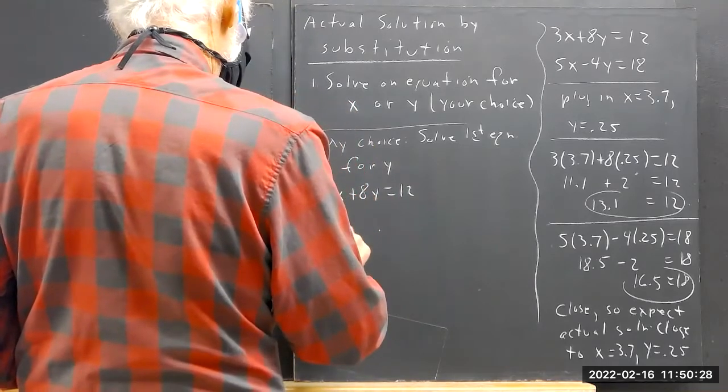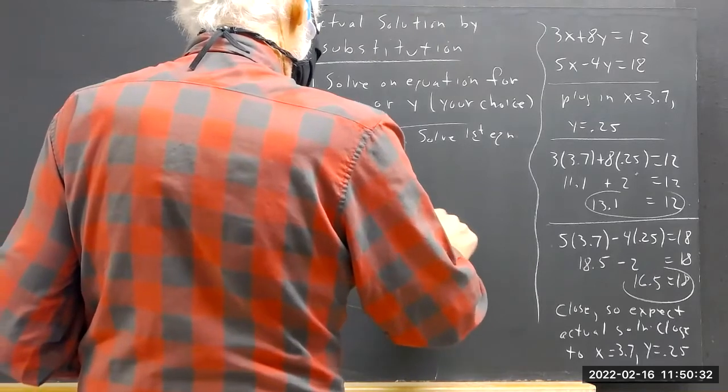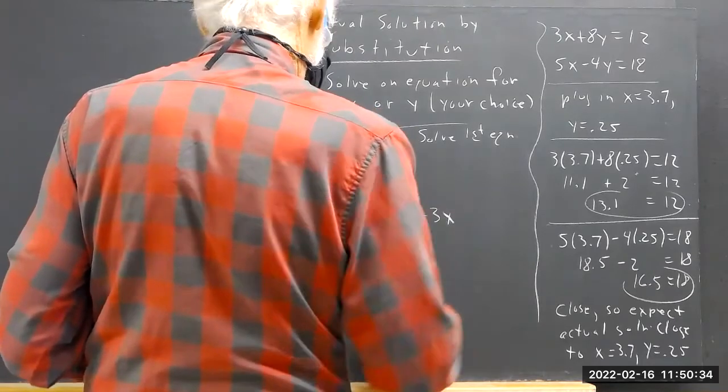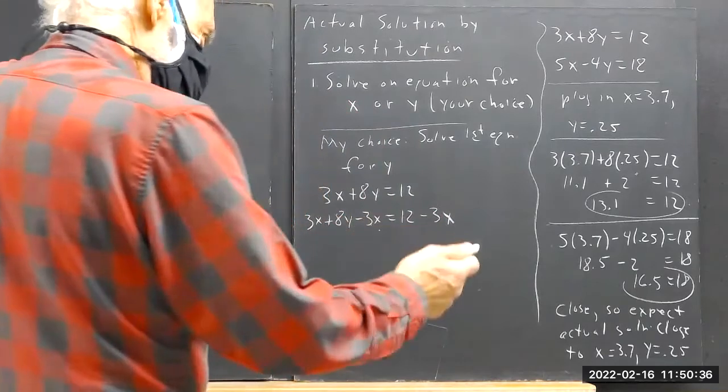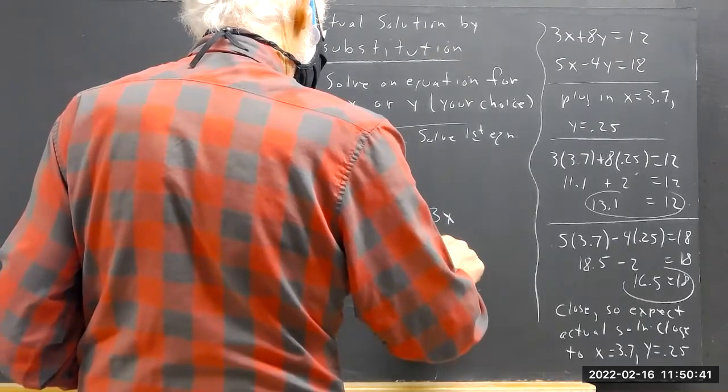We get 3x plus 8y minus 3x equals 12 minus 3x. And 3x minus 3x gives us 0, so we get 8y equals 12 minus 3x.